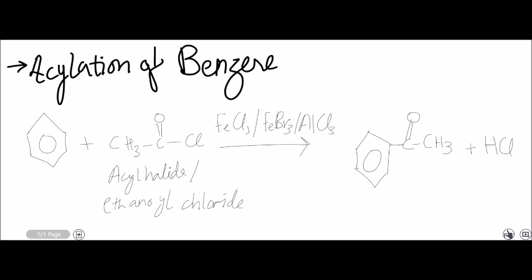Now we need to know one more thing. We do know that C6H6 is benzene, and we do know that, for example, C2H6 is ethane, and if we remove one hydrogen, it's C2H5, which is ethyl, or the alkyl group, right?